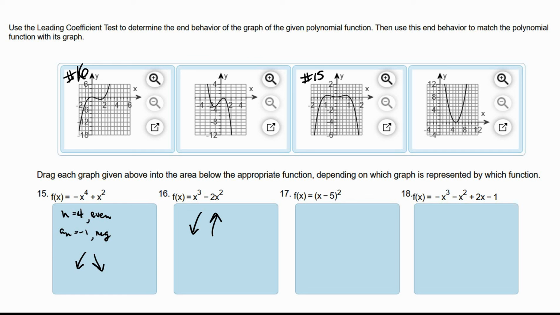I'm not doing all that. Right. So what about 17? You tell me. Which graph is 17? See, it's the last one, right? Because here n is 2, is even, a sub n is 1. Positive.